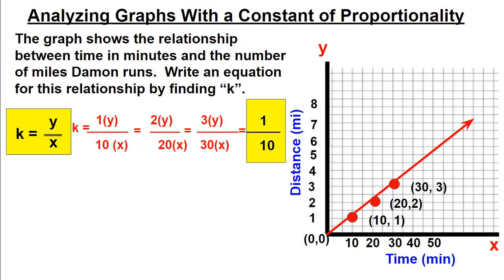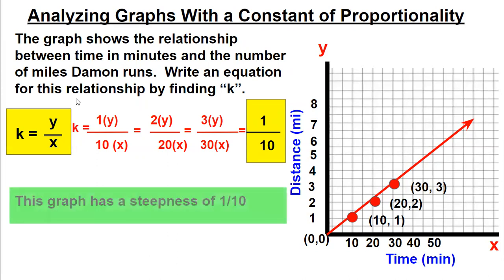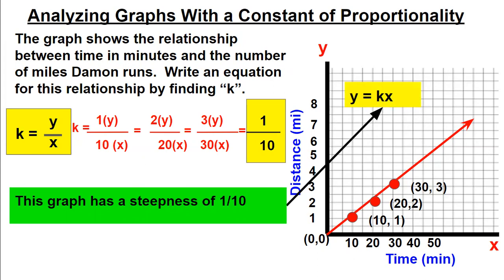So for every 10 minutes, he goes 1 mile. So this graph has a steepness of 1/10. Not very steep, is it? But it looks kind of steep. Y equals kx. We're going to put 1/10 in for k in our equation, and we've got y equals 1/10 x.